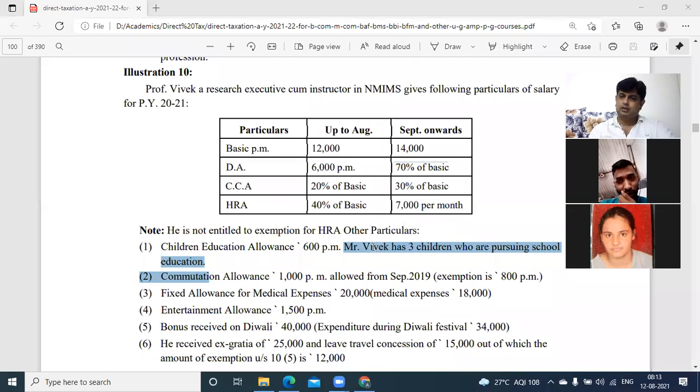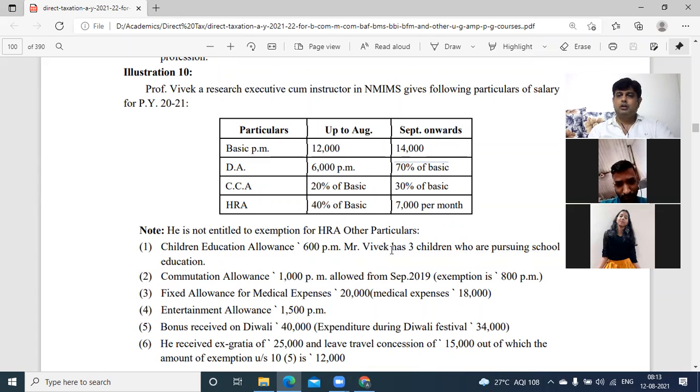Two children, right? Under section 10(14). And what will be the limit of exemption? 100 rupees per month per child, maximum for 2 children, under section 10(14).